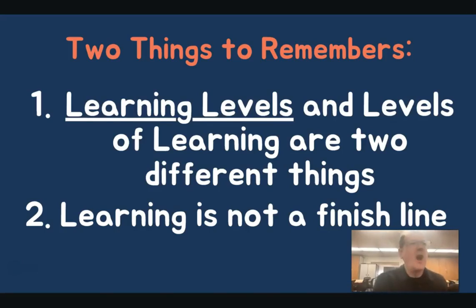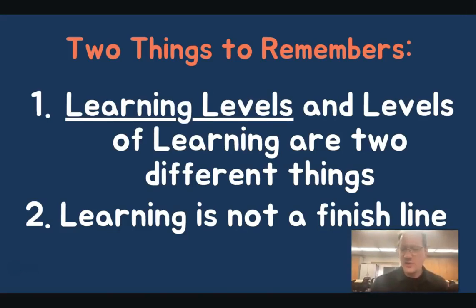We're taking them where they are and side by side, bringing them to where we want them to be, right? Making that information accessible. Just please don't limit what you think your students can do based on their quote unquote learning level. That was something that we put on them. So I just want to clarify that.